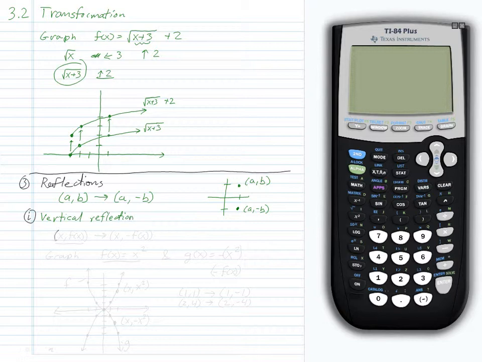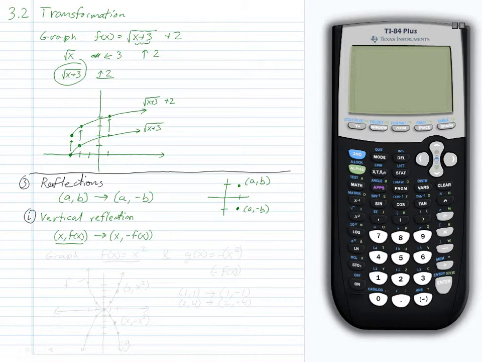So if we have a function f of x, then every point on that graph can be described in this way, f of x. If we want to reflect across the axis, then the function should have a negative out front.